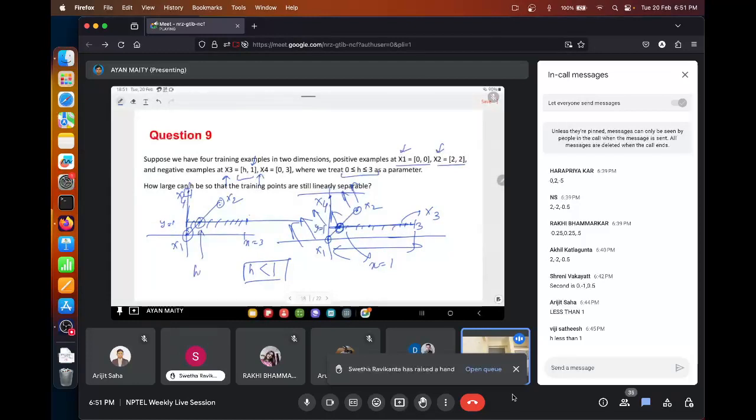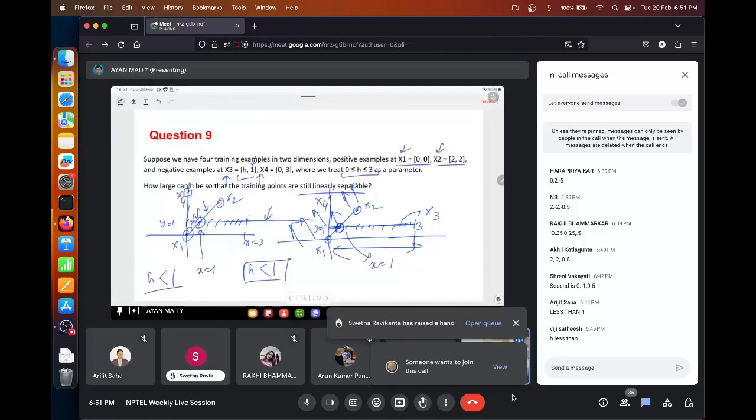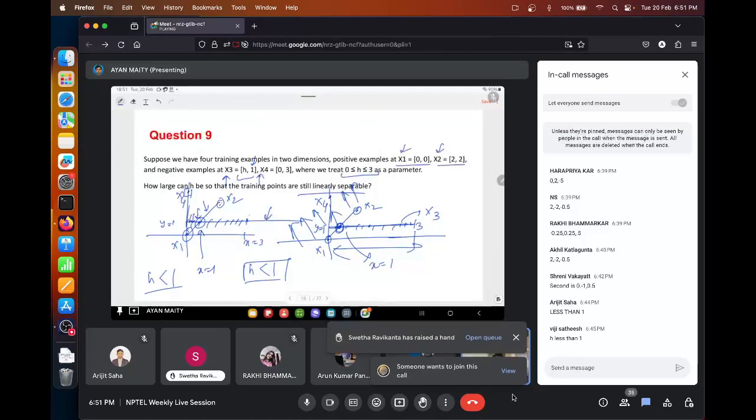If we find the point where this straight line and this line segment meet, this is x equals 1, so h has to be less than 1. If h is less than 1, then the x3 point is here or here or here, like this. In that case, these two classes are linearly separable. Okay. Thank you.